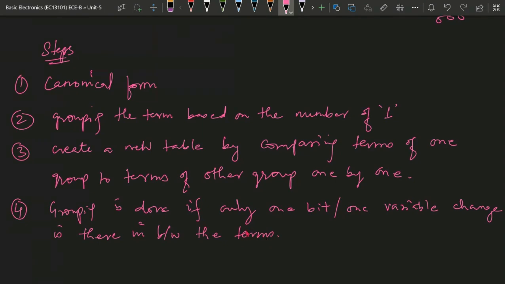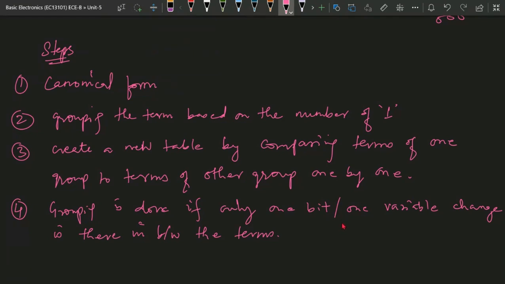If after comparing two terms from two different groups only one bit is changing, then we will be doing the grouping. If more than one bit is changing, no need to do the grouping. Whatever I'm saying, you may not be able to understand it properly, but once we look at the numericals, you will get everything. So don't be worried about the terms that we are explaining here.